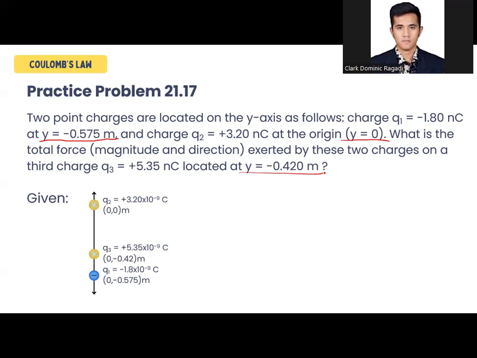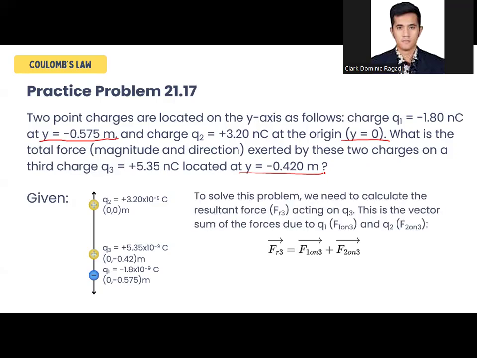To solve the actual total force, or the resultant force, we first need to calculate the individual forces acting on Q3 due to Q1 and Q2. The resultant force FR3 is equivalent to F1 on 3 plus F2 on 3. So let's consider first F1 on 3.